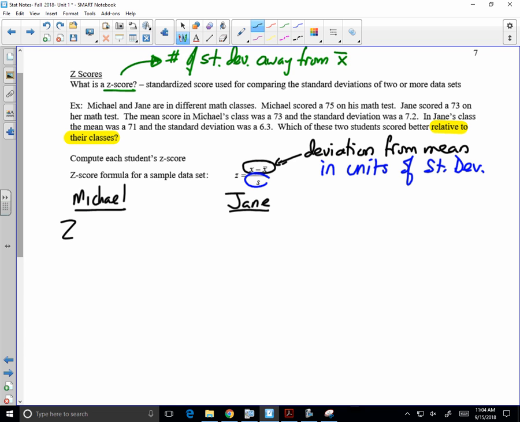So z, I'm going to sub it with an m, a little subscript of m, just to indicate that we're talking about Michael, versus z sub j. This is his x value. X value always represents an individual score. I don't know why I wrote an x there. I want to actually write the 75.